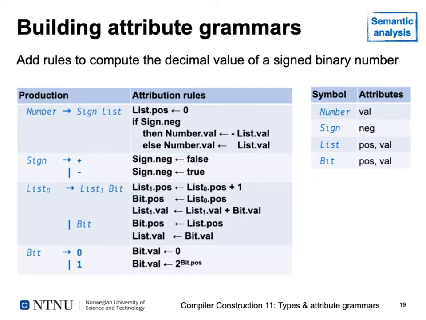A list has 2 attributes: a position, so it keeps track of the bit it's currently reading, and a value, which keeps track of the value accumulated at the moment, but this might still be incremented by additional bits coming in other positions. And finally, a bit also has a position and a value, and this value is always a power of 2.